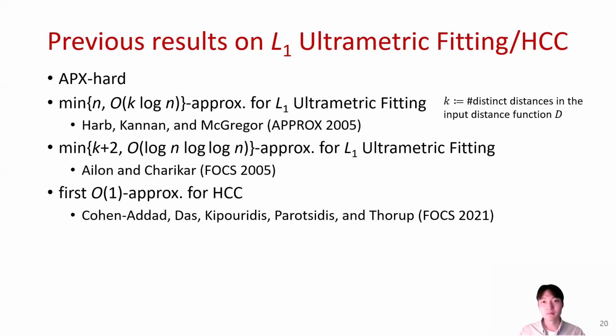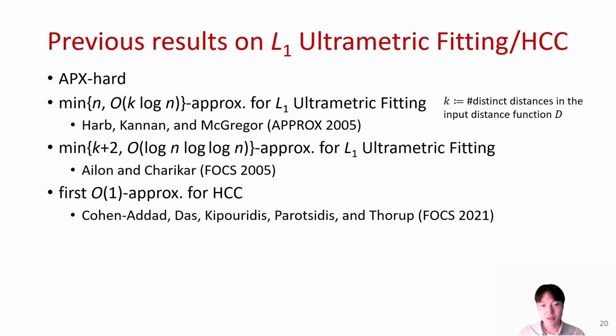Here's a brief summary of previous results on L1 ultrametric fitting and hierarchical correlation clustering. The problem is APX-hard, and for the algorithmic results, Harp, Cannon, and McGregor in 2005 gave 2 algorithms whose approximation ratios are n and big O of k log n, where k is the number of distances in the input distance function d. Ailon and Charikar in 2005 also gave 2 approximation algorithms whose ratios are k plus 2 and big O of log n log n.